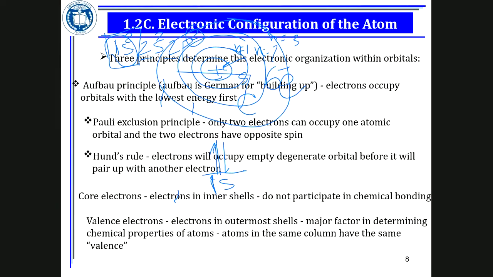And the last one, if you have degenerate orbitals, what is a degenerate orbital? Orbitals with the same energy. When you have 2p, you have three 2p orbitals, so we designate them as 2px, 2py, and 2pz. When you are putting electrons in degenerate orbitals with the same energy, you have to make sure that electron 1 goes to the first orbital first, then 1 electron in the second orbital, 1 electron in the third orbital, and then it goes back and pairs up if you have more electrons.